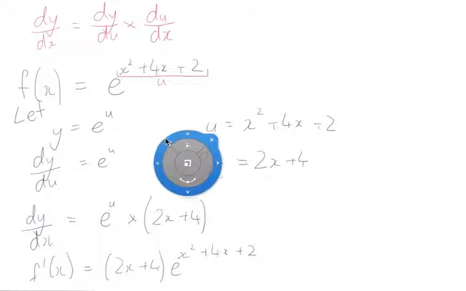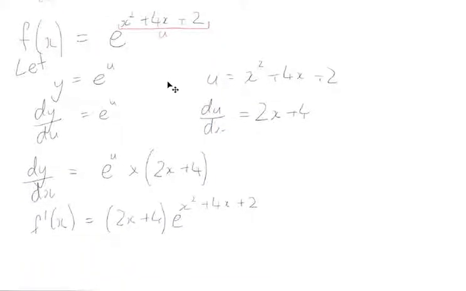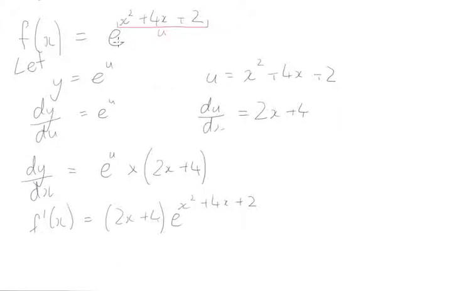All right, so looking at our question and our answer, we have differentiated f. We started with f, we ended up with f dash x. This last bit here is actually the same as this here. So that is f of x.